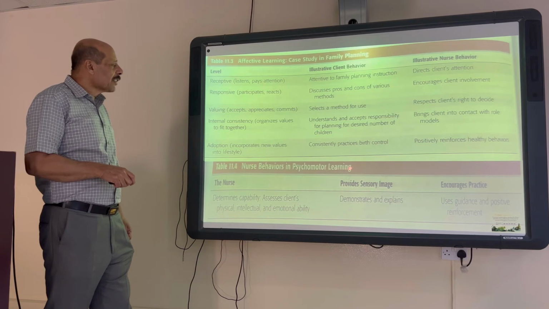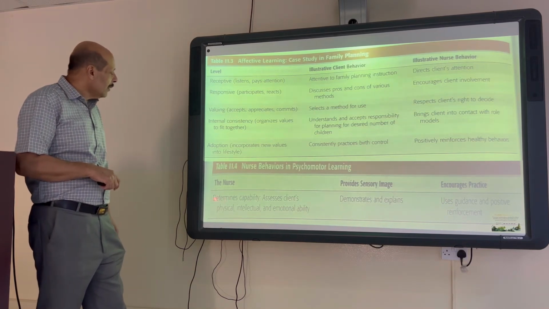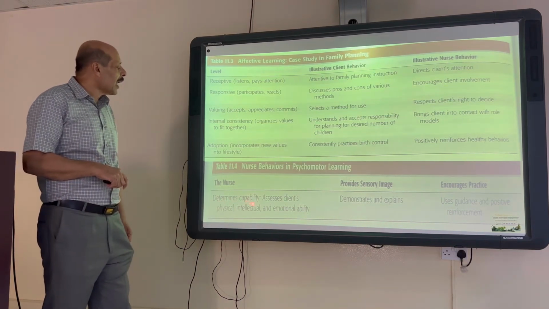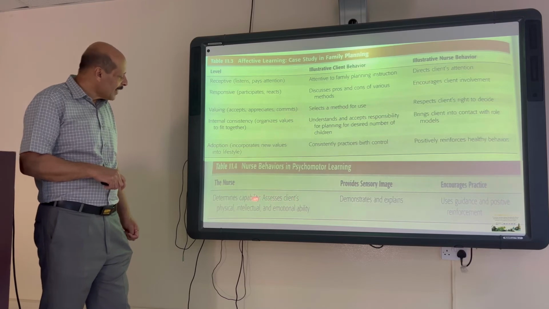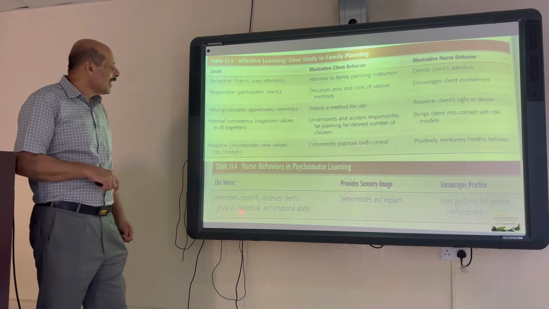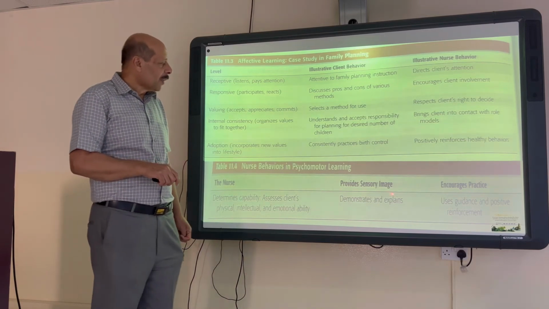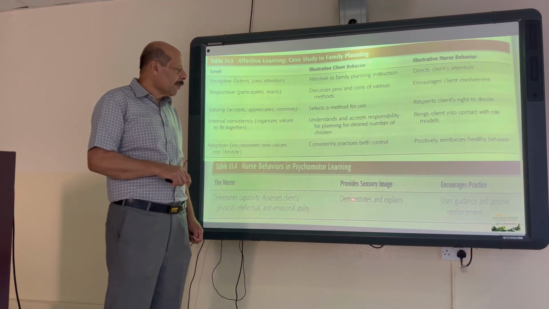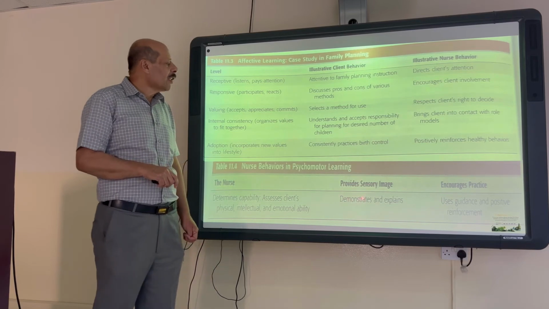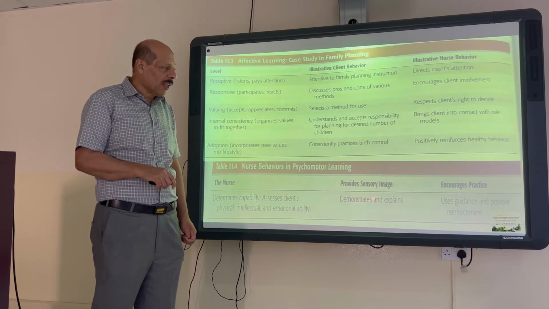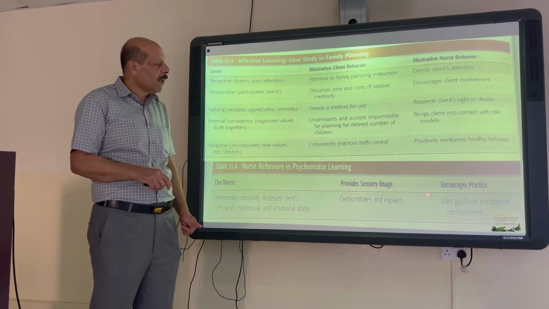Nurse behavior for psychomotor learning here: determine the capability, assess the client's physical, intellectual, and emotional ability. Then provide a sensory image here, demonstrate and explain for them. We have to demonstrate in front of them.